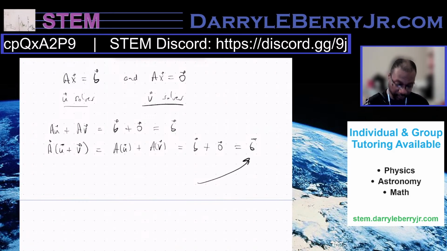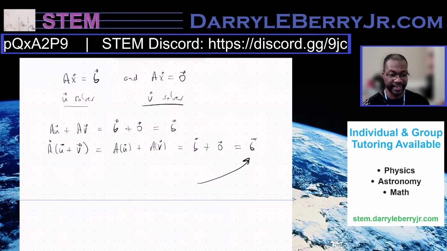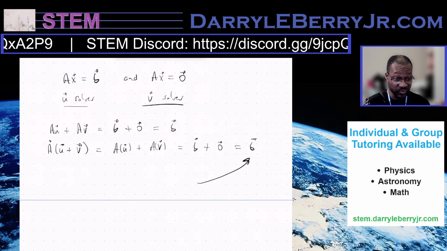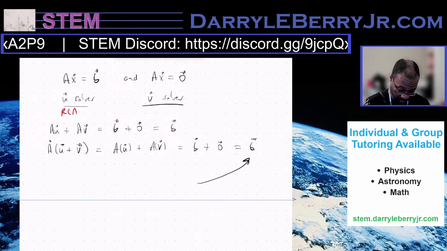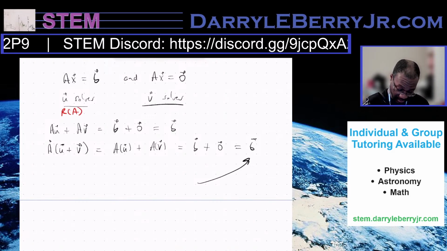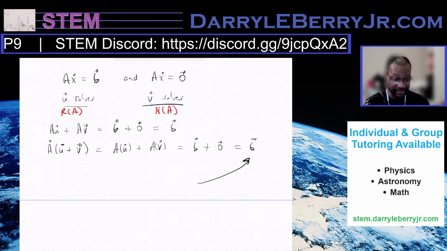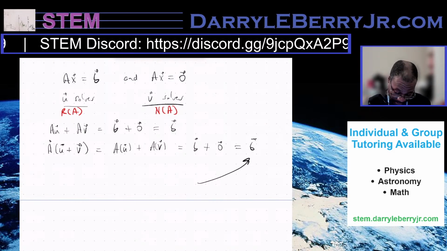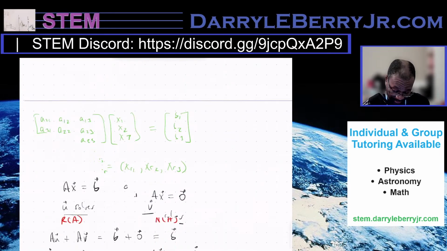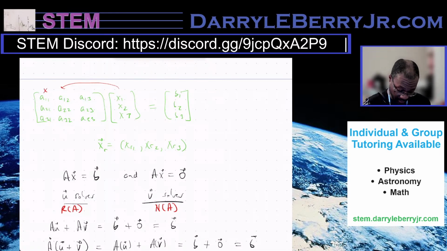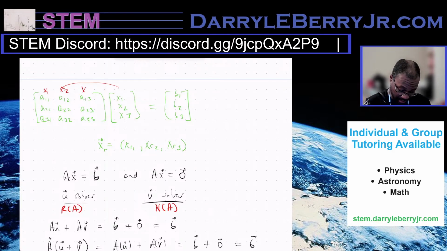And the u, the one that solves the general, they call the row space. And the one that solves the homogeneous, they call the null space. So I imagine that it's called row space because when I actually multiply this down, the x values become a row.